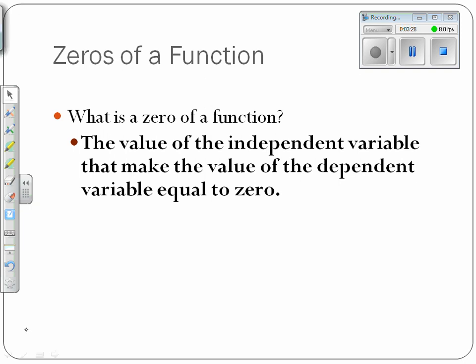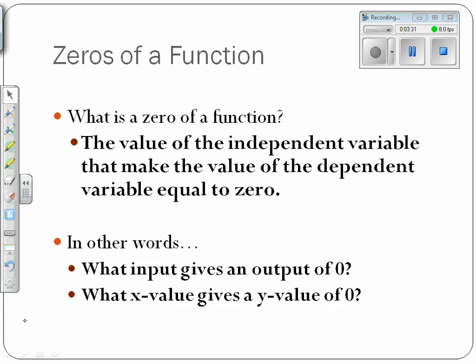In other words, since we have lots of names for these variables, you could say what input would give an output of 0, or what x value would give a y value of 0. The important thing to remember here is it's not the input that's 0, but the output. We were looking for when her cell phone minutes were 0, not for 0 days.